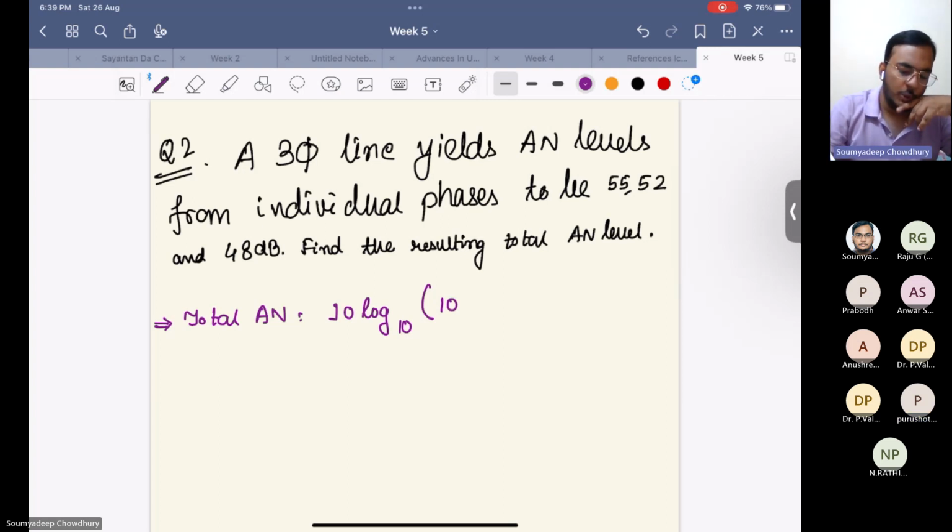Yeah, 0.1 into... 155. Where did you get 155? It is 55, 52, and 48. So it will be basically 10 to the power, summation of all. It is like this.